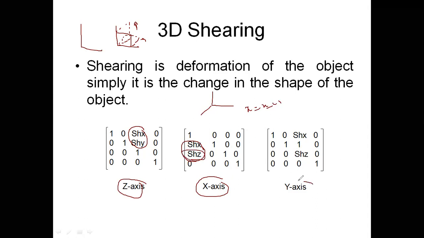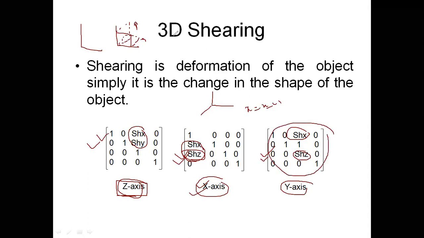When we do the y-axis shearing, the x and z parameters will be affected. Shearing along the z-axis uses this matrix. Along the x-axis, you will use this matrix, and when you take the y-axis, you will use this matrix.